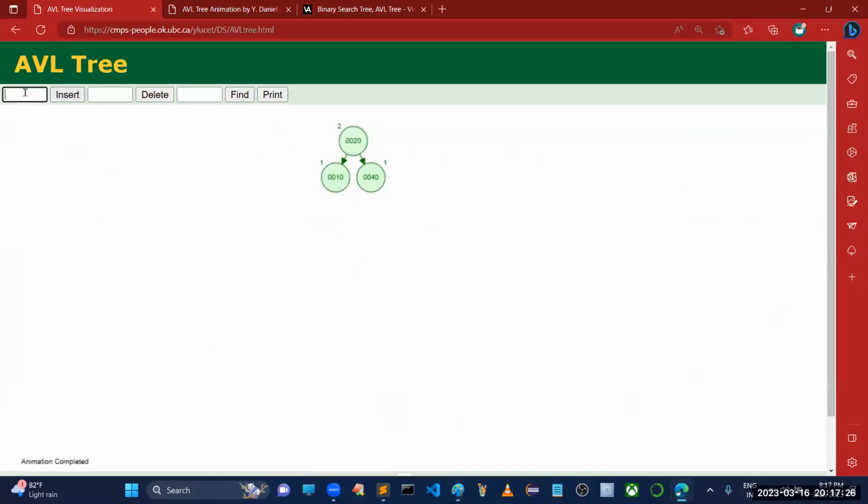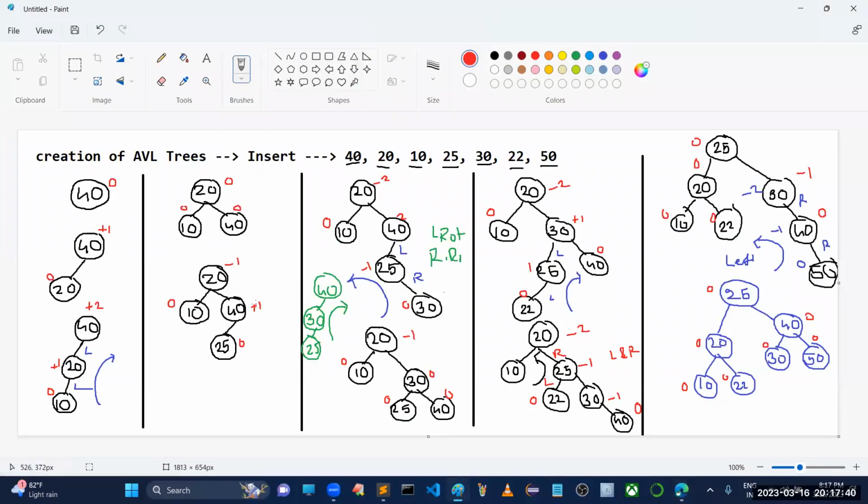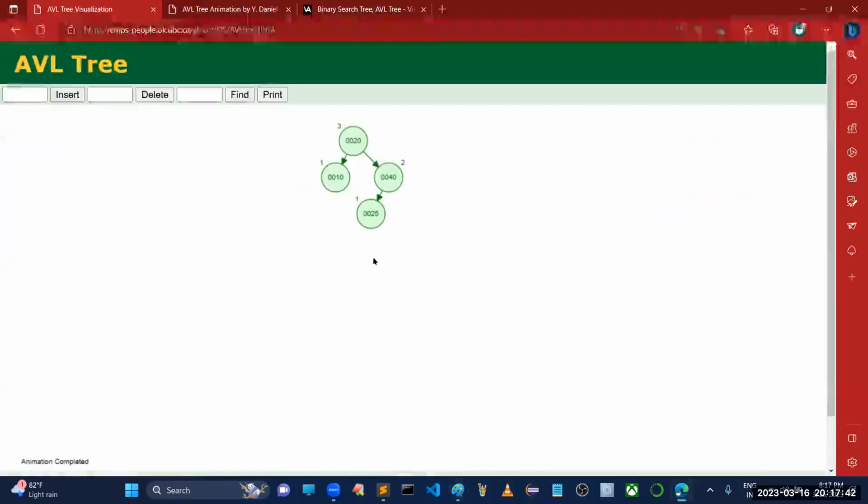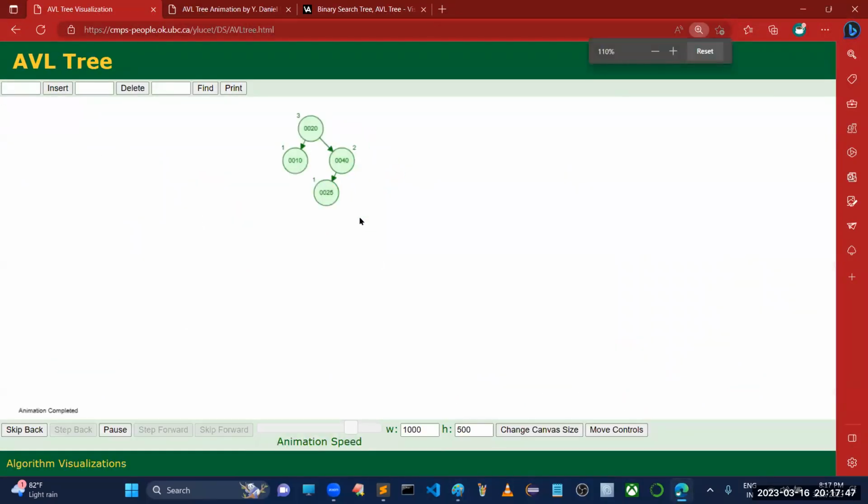We have to insert 25. Try to insert. It will check the left subtree. A rotation problem is coming. The balance factor is not satisfied. Sir, you can see the balance factor. So 10, 20, 40, yes, everything is correct. I think the balance factor is 3.